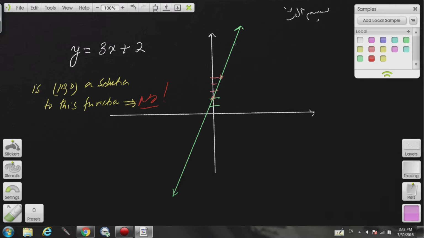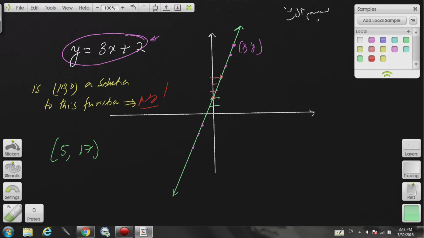All the solutions to this function will be the ordered pairs that are on the line itself, correct? So if the ordered pair is a solution to a function, it will satisfy the function. It will make this a true statement. So let's see if this ordered pair is a solution to this equation. Let's find out.